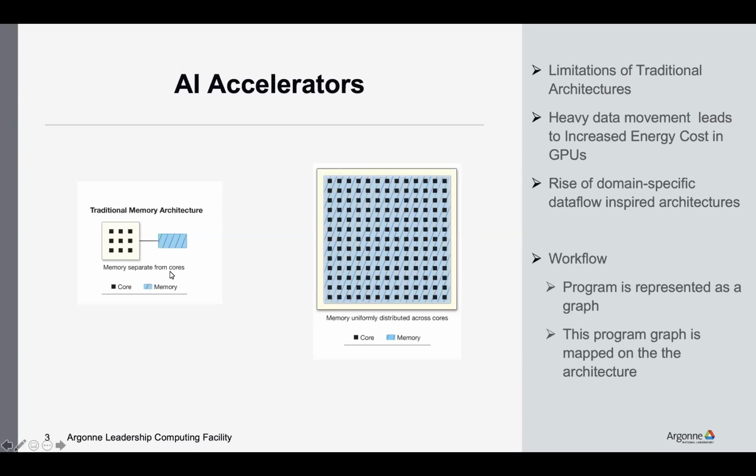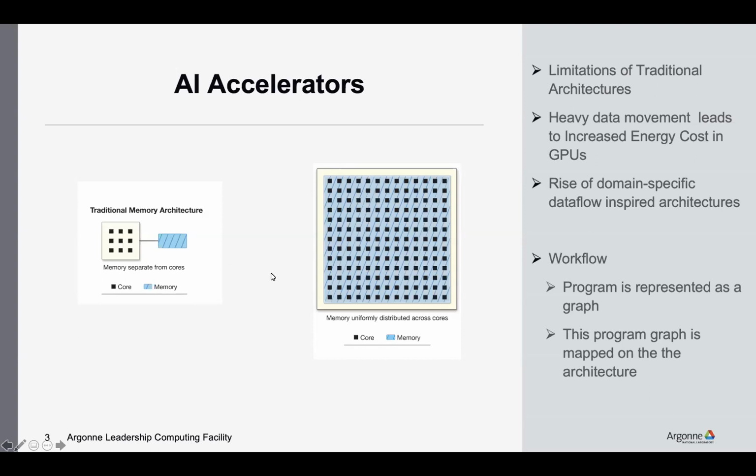As we know, the traditional architectures pretty much look something like this, where we have a bunch of cores, which is our CPU, connected with your DRAM, your central memory, and instructions and data are fetched from this memory to the cores. This kind of architecture leads to very heavy data movements, which add to the energy costs, which is one of the reasons GPUs and CPUs are so energy hungry.